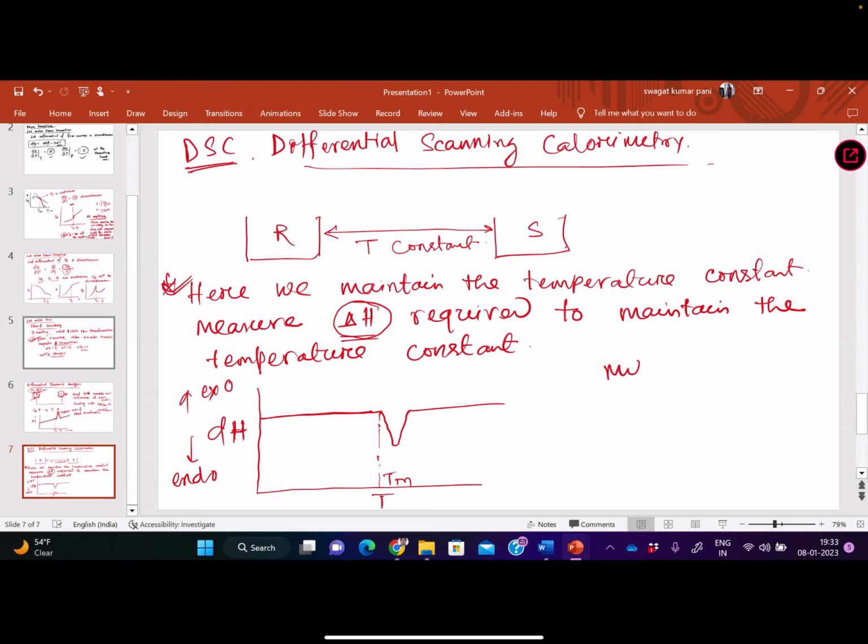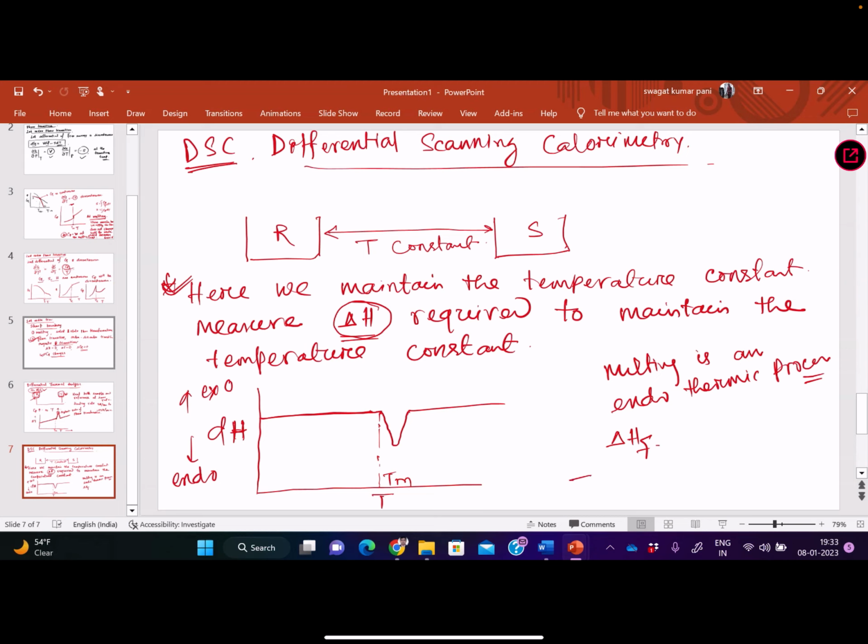So because we know melting is an endothermic process. Why? Because to melt a material we have to apply the latent heat of fusion. That much we must apply to melt the material.